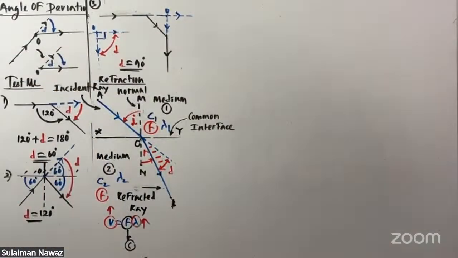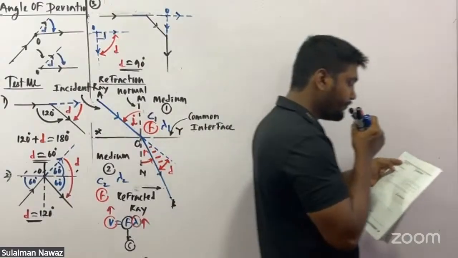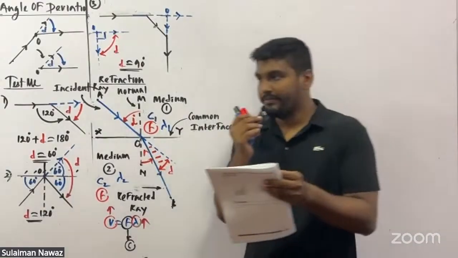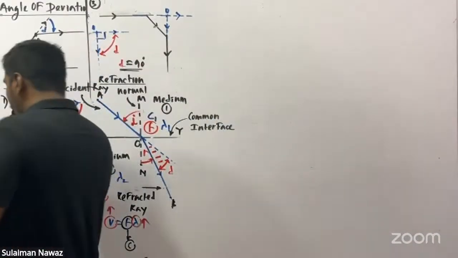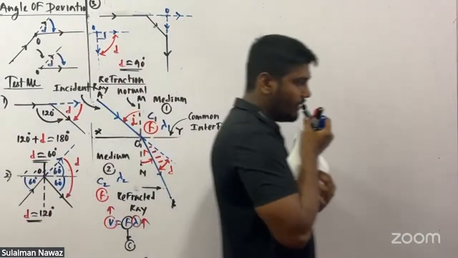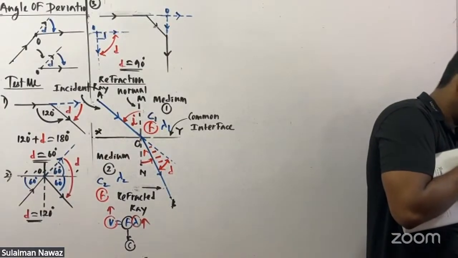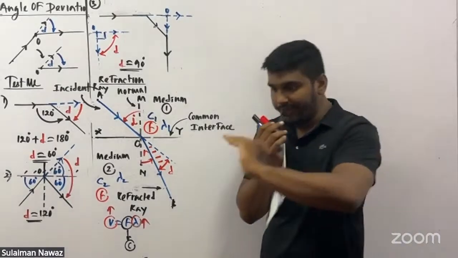Under refracted angle, write down: the angle measured from normal to the refracted ray.